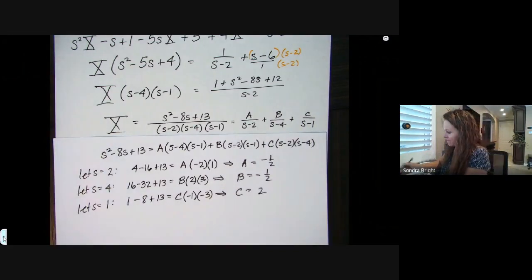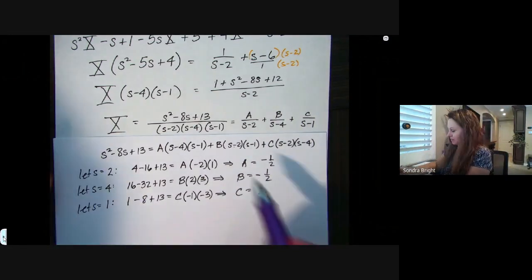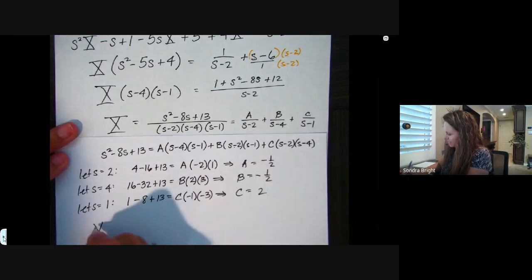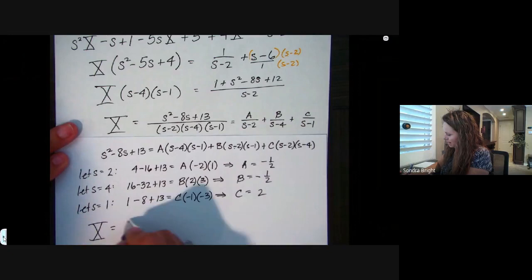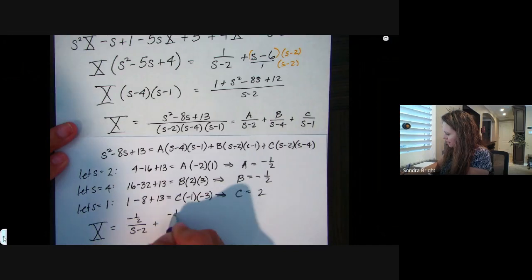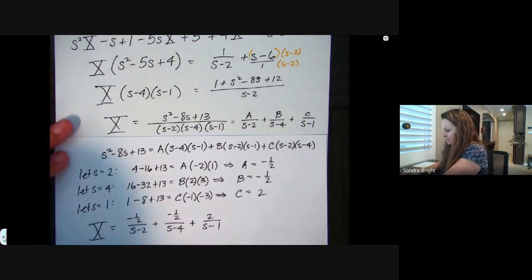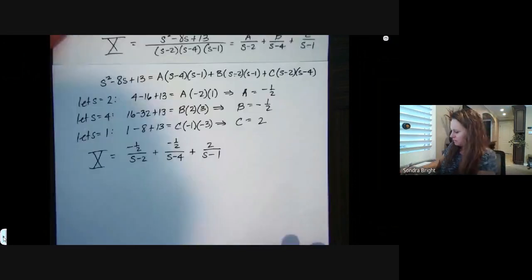Okay, so what that means for us is I'm going to plug all of these in over here. So your capital X is negative 1/2 over S minus 2 plus negative 1/2 over S minus 4, and then plus 2 over S minus 1. And it's definitely the Laplace transforms, right?